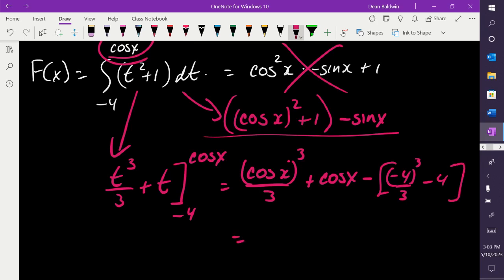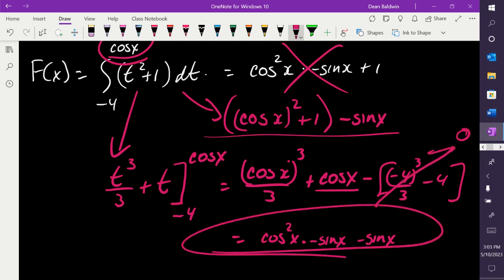Then you do the derivative, drop the 3. I'm going to get cos squared x. Got to remember to multiply by the inside derivative, which is negative sine of x. And then I take the derivative of cosine, which is negative sine of x. That all goes to 0, and I get that.